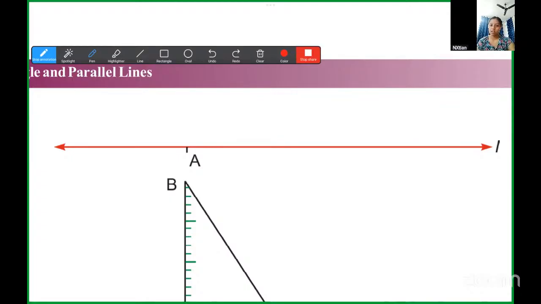Done. Now hold your set square like this and show me. Hold it like a 90-degree form. Abraham, you made it. Did you make it using the set square? Yes.